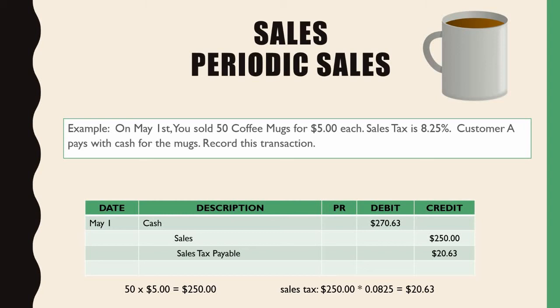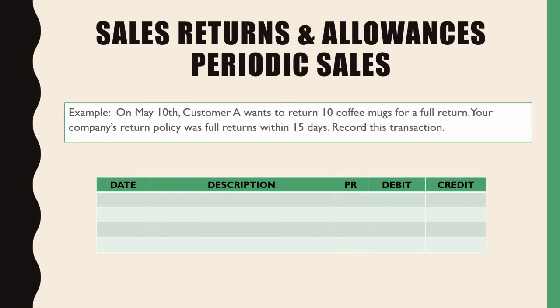So here we go. Now let's take a look at scenario 1. If customer A, on May 10th, decides that they want to return 10 of those coffee mugs for a full refund, and your store policy was to grant a full refund within 15 days of the sale, then in this case we are going to be recording this transaction, because she returned within 15 days.